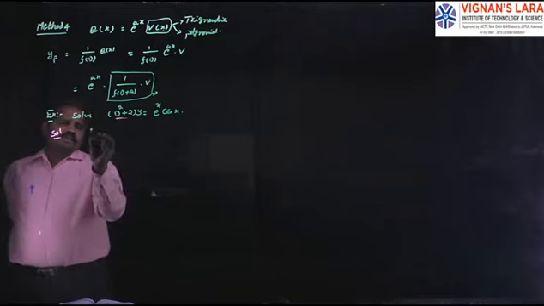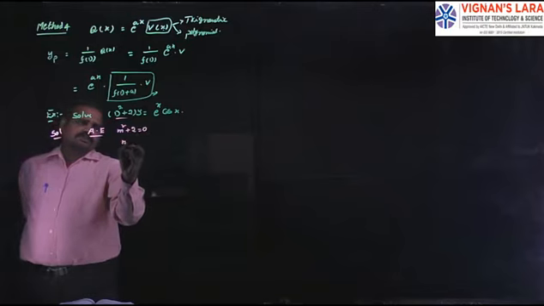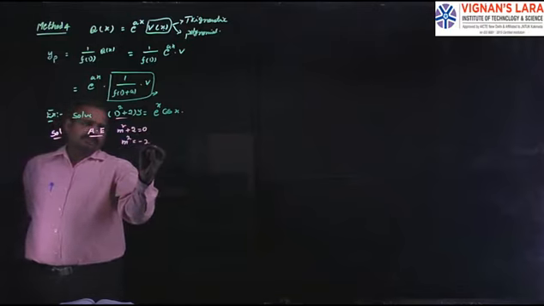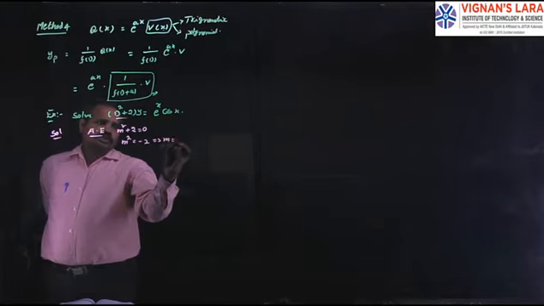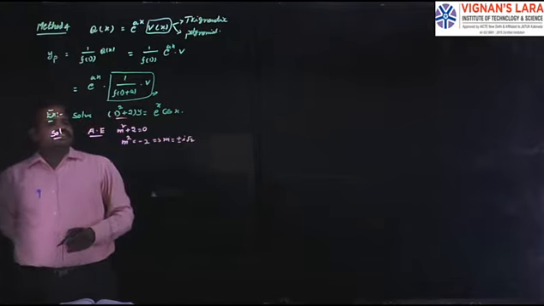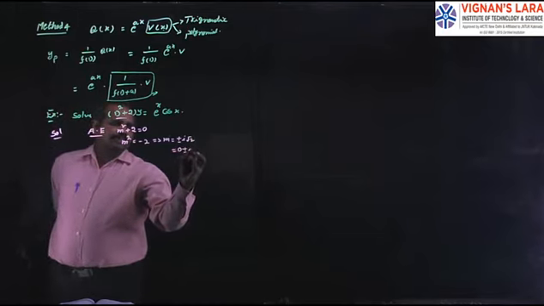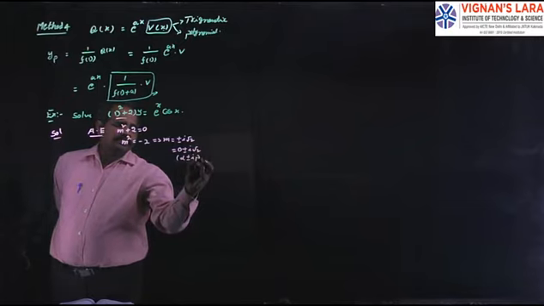So directly write the auxiliary equation. The auxiliary equation is m square plus 2 is equal to 0. So m square is equal to minus 2, so m is equal to plus or minus i root 2. So the two roots are of the form 0 plus or minus i root 2, alpha plus or minus i into beta.